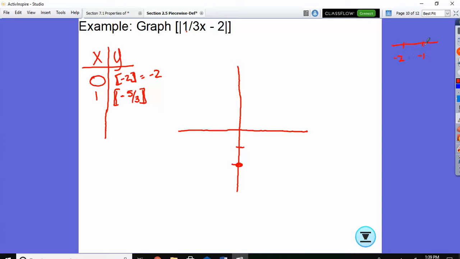So it's in between -1 and -2, and you always give me the smaller one, which is still -2.